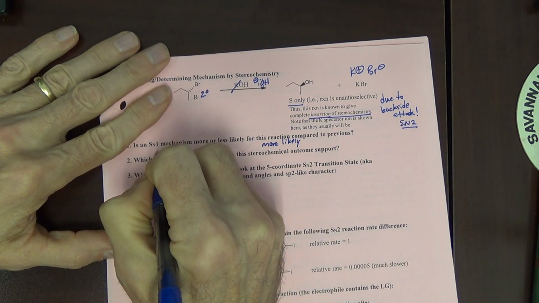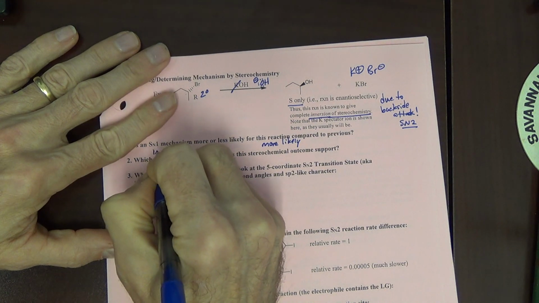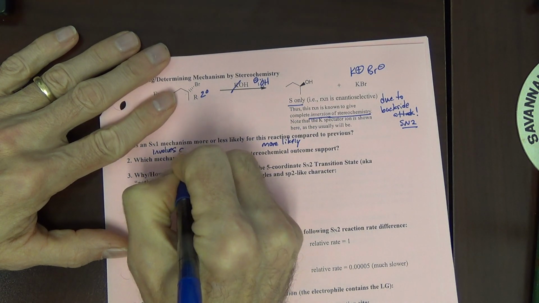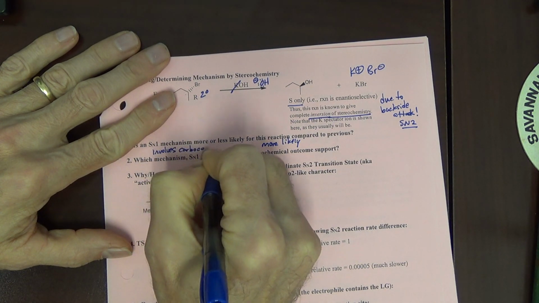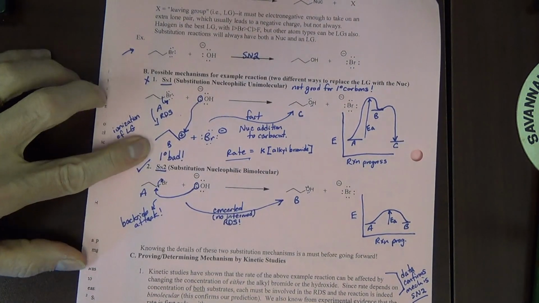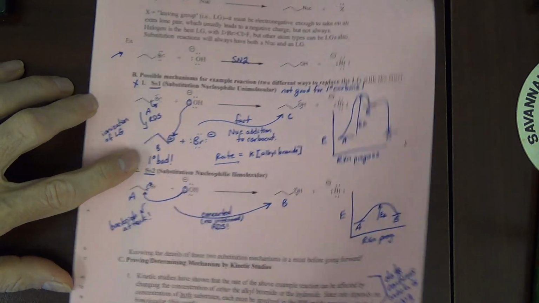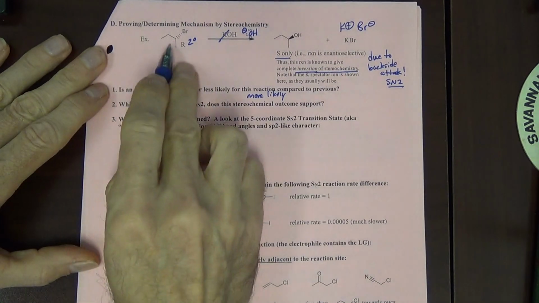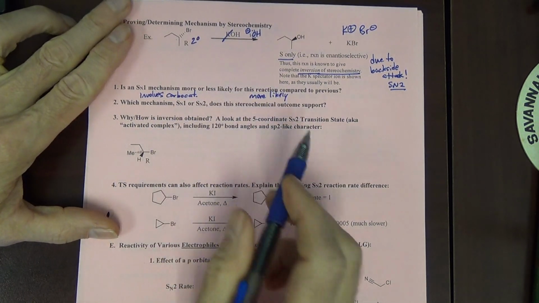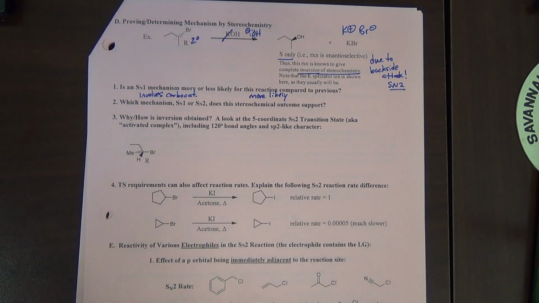SN1 involves a carbocation, right? Primary is bad. Here it would be secondary. If that just left, we'd make a secondary carbocation, and that would be more likely.